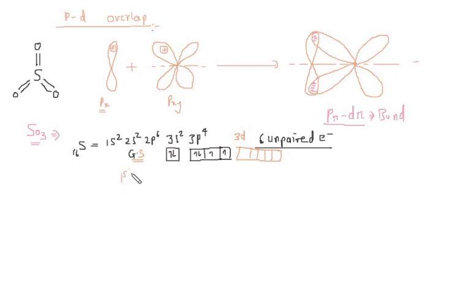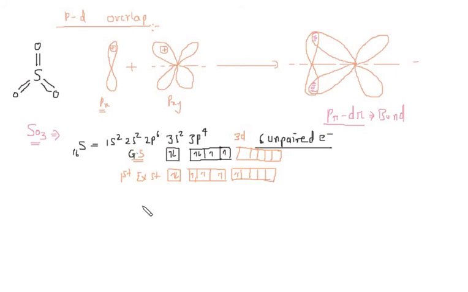Now there will be first excited state. Now for excited state, energy is required. Electron cannot jump without sufficient energy, and this energy is made available when oxygen atom approaches the central atom, that is sulfur. So one electron from here jumps to this one, and there is a paired one.